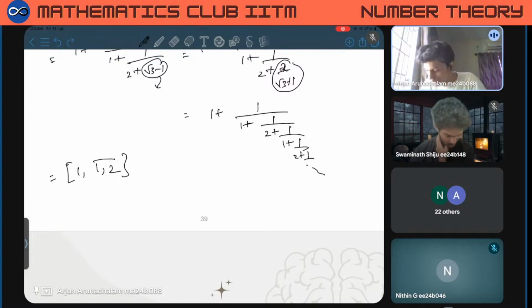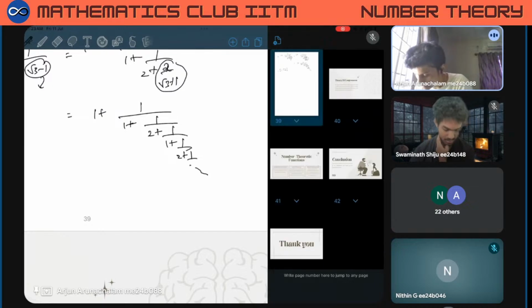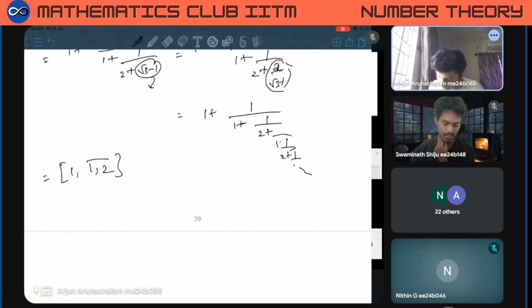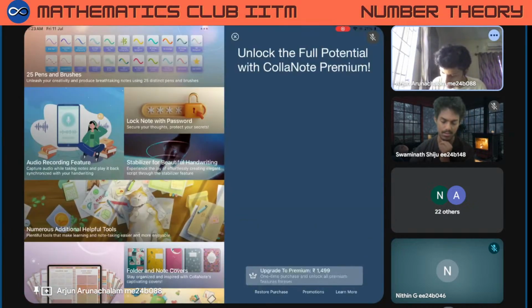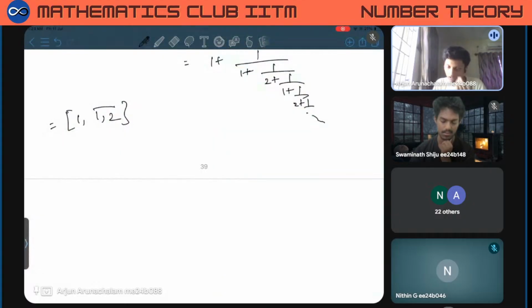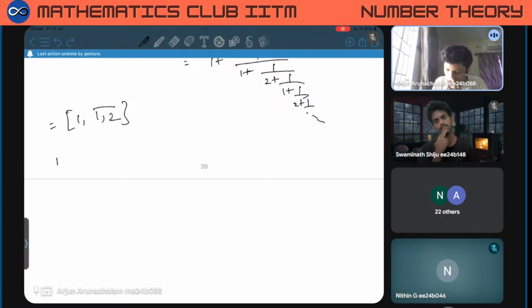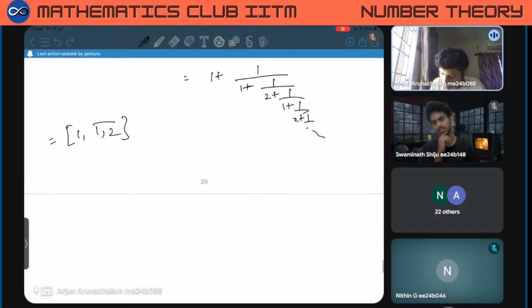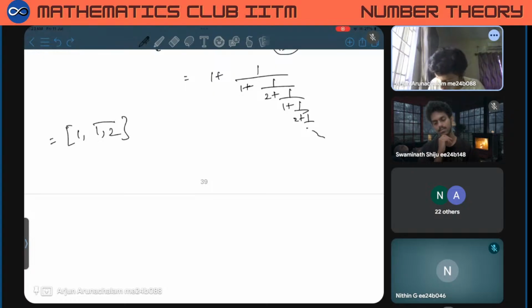And I'll tell you why this is useful right now. Let's say we evaluate the fraction only until the first few convergents. So let's just go to the first one. So you have 1 plus 1 by 1. This is 2.